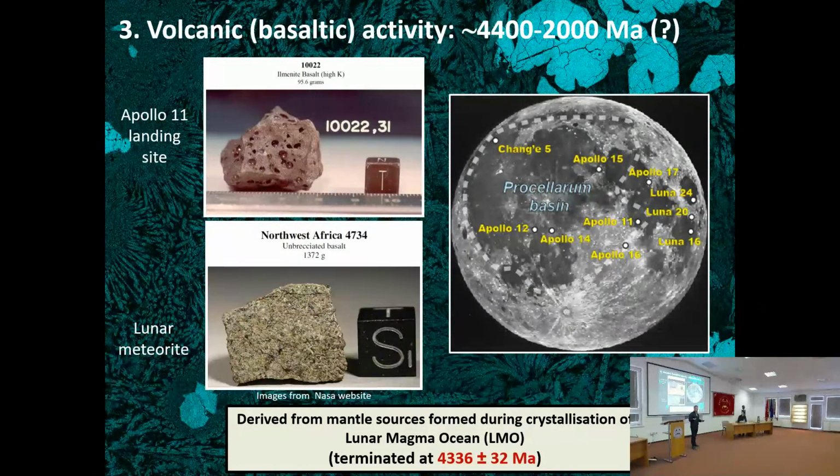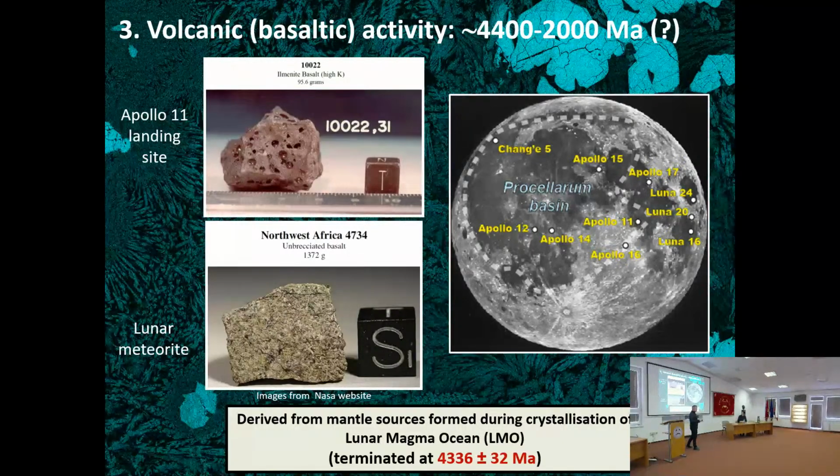Finally, the last event in the history of the moon is the basaltic volcanic activity between 4,400 and 2,000 million years. Again, we are not sure when this volcanic activity started and stopped.